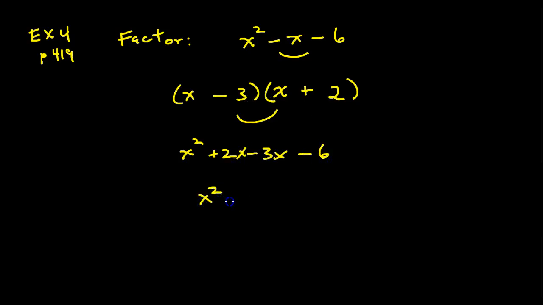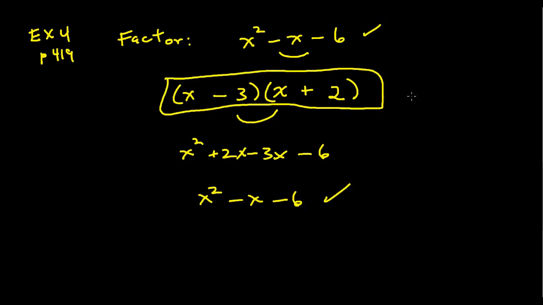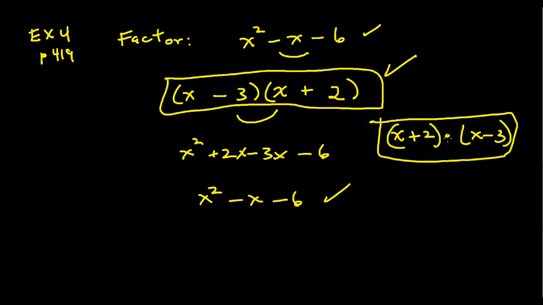So I get x squared minus x minus 6. And that indeed checks out. That's what I needed. And this is my final factored answer, x minus 3 times x plus 2. And again, you can write this as x plus 2 times x minus 3 because multiplication, of course, is commutative. Okay?